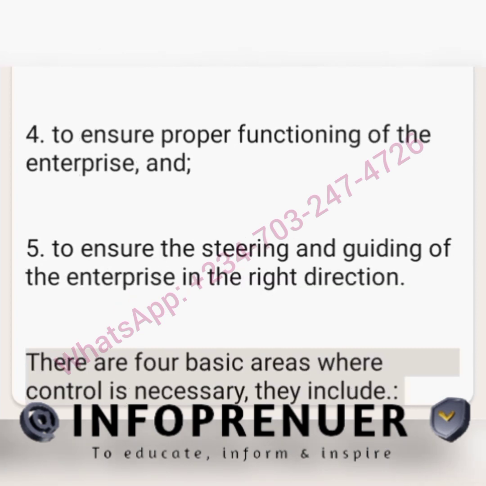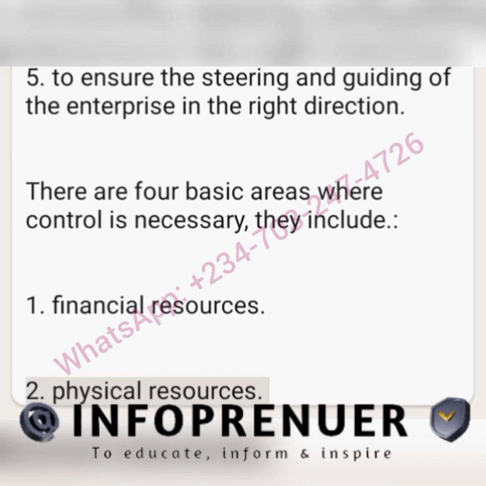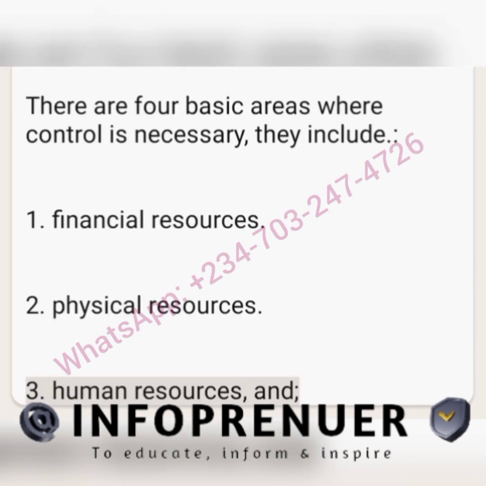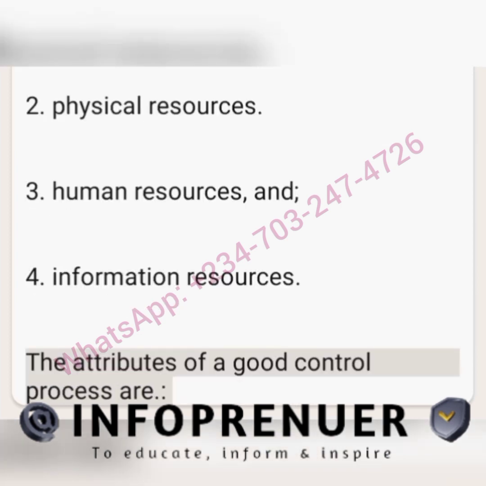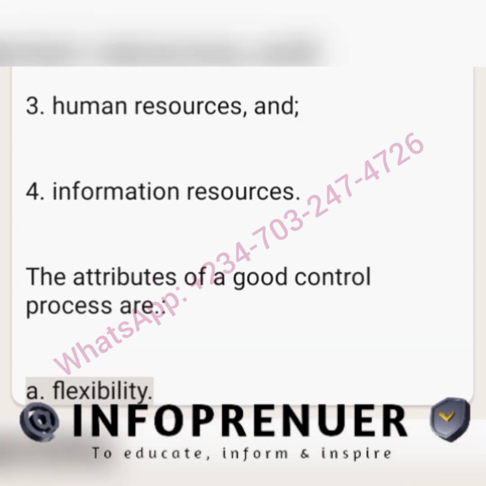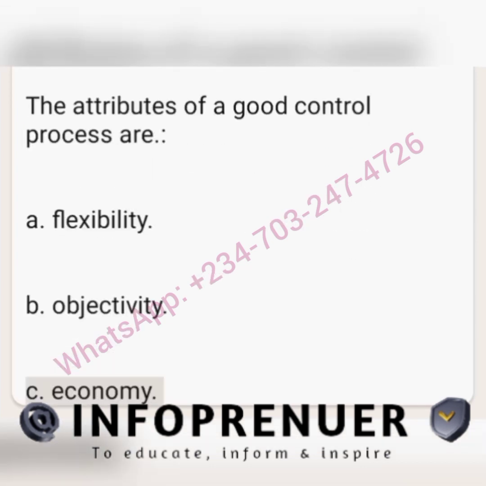There are 4 basic areas where control is necessary. They include: 1. Financial resources. 2. Physical resources. 3. Human resources, and 4. Information resources. The attributes of a good control process are: A. Flexibility. B. Objectivity. C. Economy.